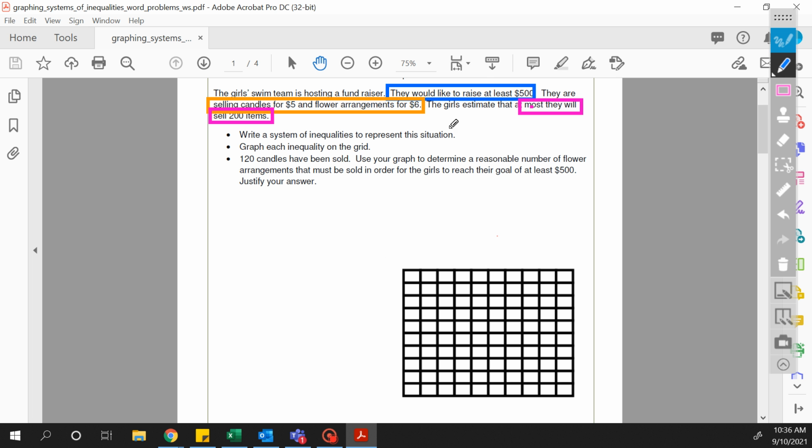First of all, we know that they would like to raise at least $500. Now, there's two things that they're selling. The first variable we're going to let x, and this is going to be the number of candles. The second variable y is going to be the number of flower arrangements. Now we know that they are going to sell at most 200 items.